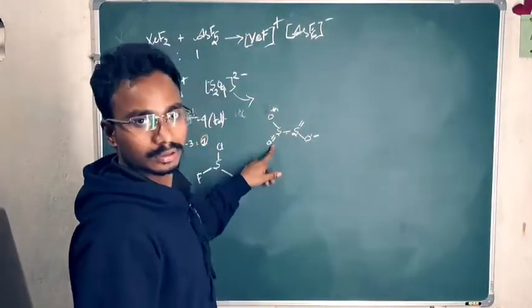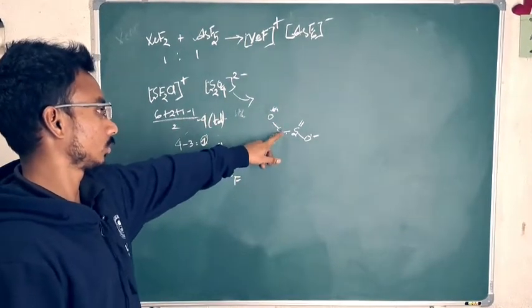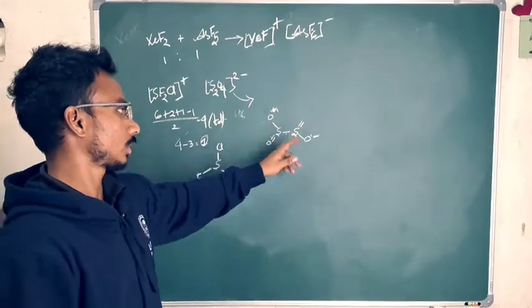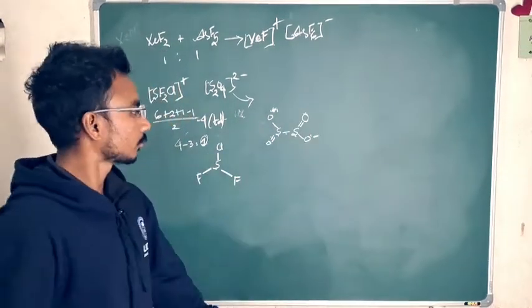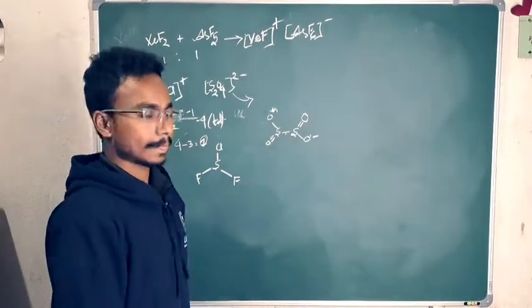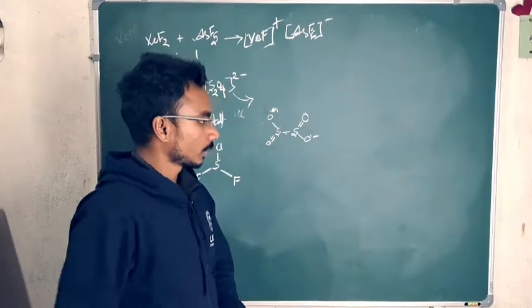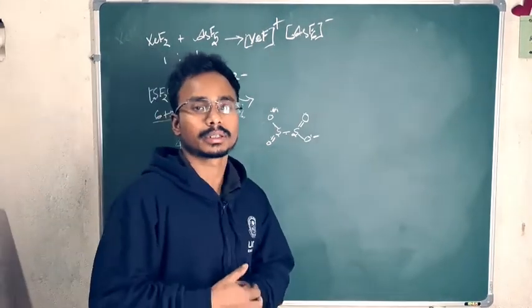Pi bond will not be considered in the shape geometry, so 1, 1, 1, 2, 3, so 3 bonds, trigonal planar, so both will be trigonal planar. Understand? No problem. If you have a problem, comment below, and I will try to answer that or make a video of that.